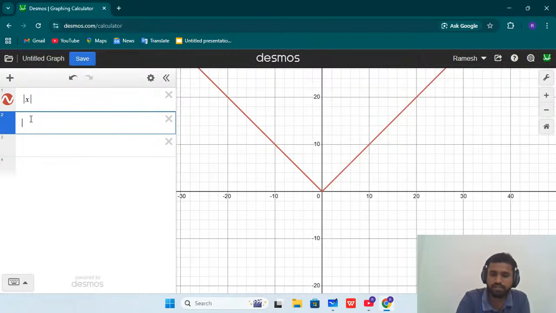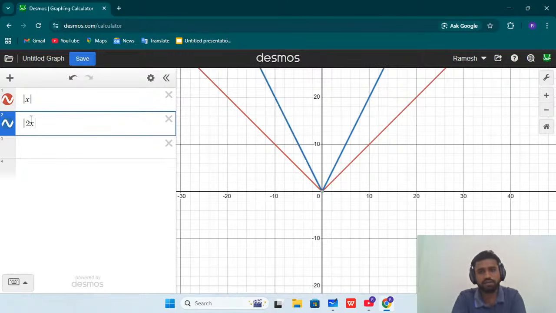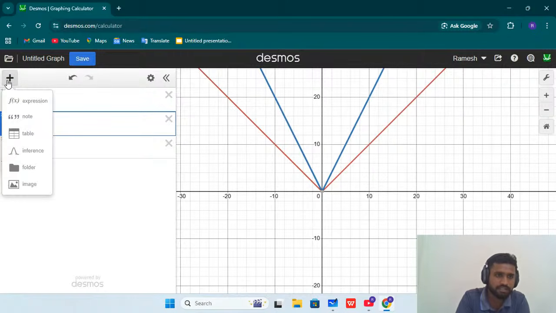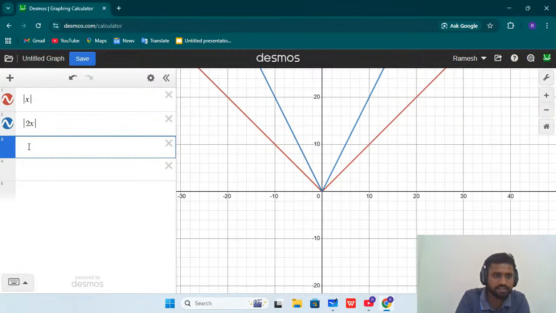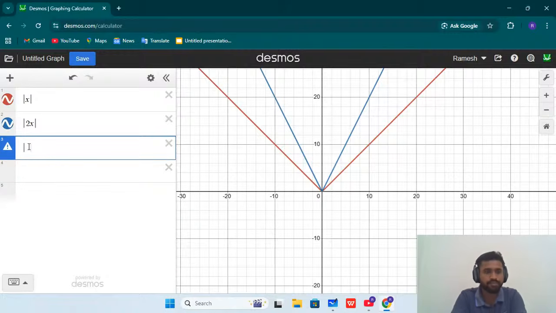So here, if you see y equals modulus of 2x, if you multiply with the constant value, the graph will be shrinking. And if you divide with 2, what will happen? It will become narrow.